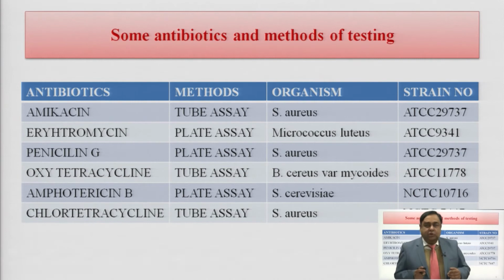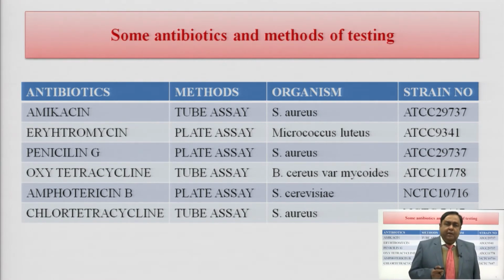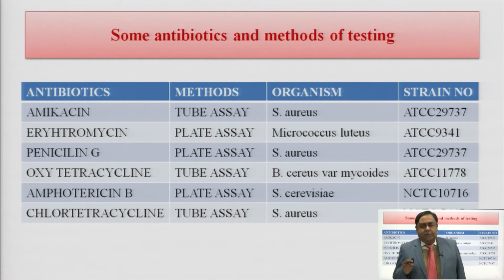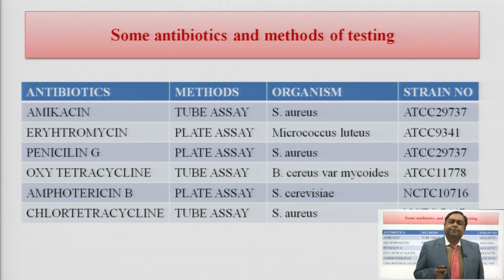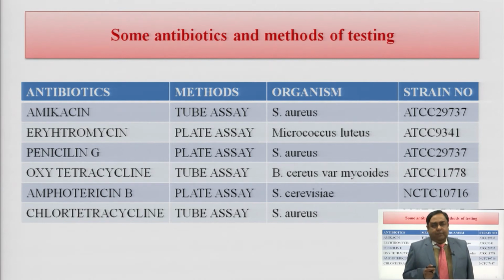Now, there is certain logic by virtue of which these methods are recommended by IP. If the antibiotics are perfectly soluble in water and they are not leaving any particulate impurity, we will preferably go for Turbidimetric method, else we will go for the couplet method.